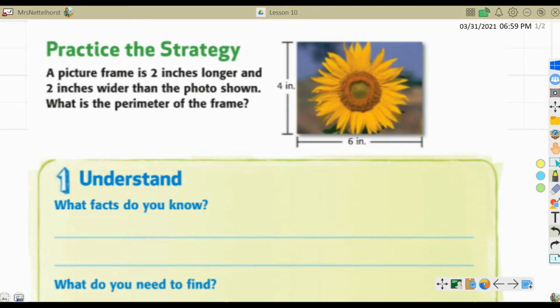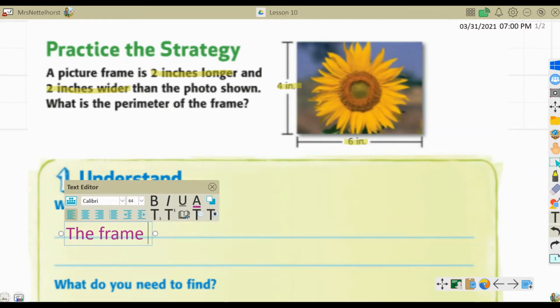So we know that the frame is 2 inches longer and 2 inches wider than this and this. Okay, so let's write that in there.